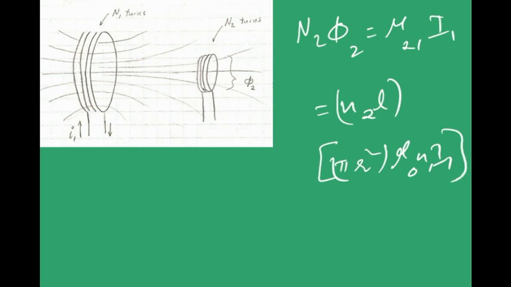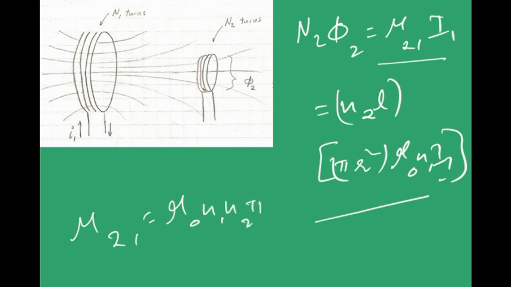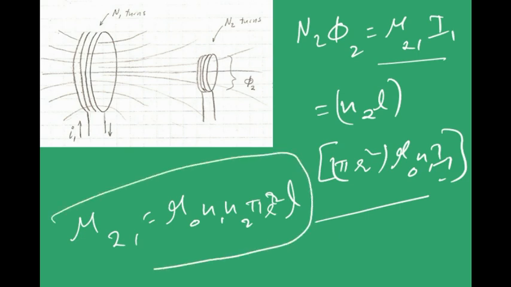Again, by comparing these two equations, we have I1 here, and the remaining terms are M21, right? M21 is also found to be mu naught N1 N2 pi small r square L. Interesting, right? What can we say from this and the above thing we did? M21 is equal to M12. Let it be M, say.